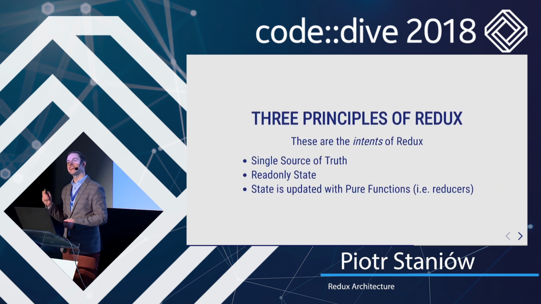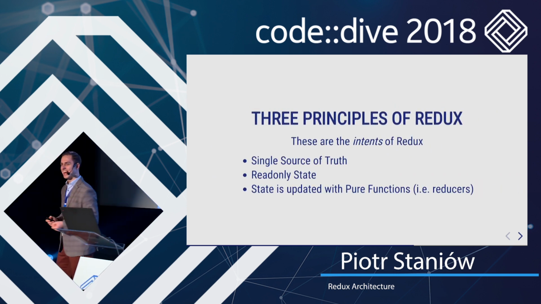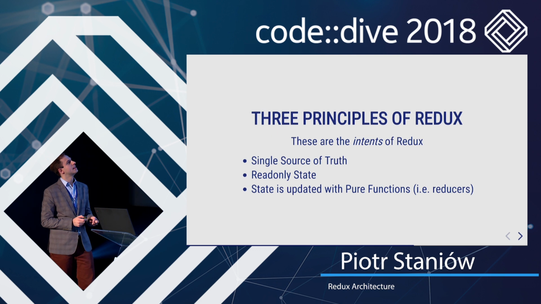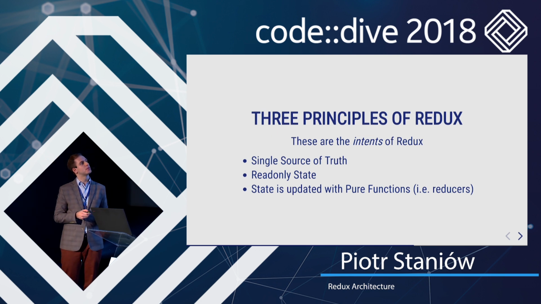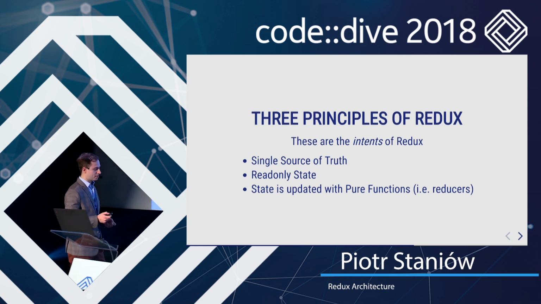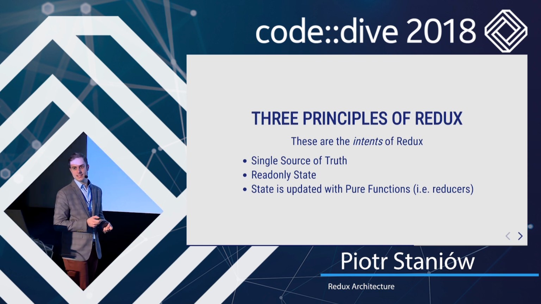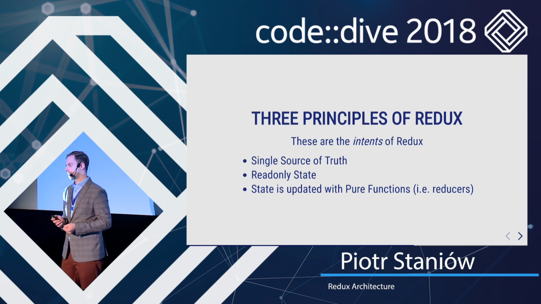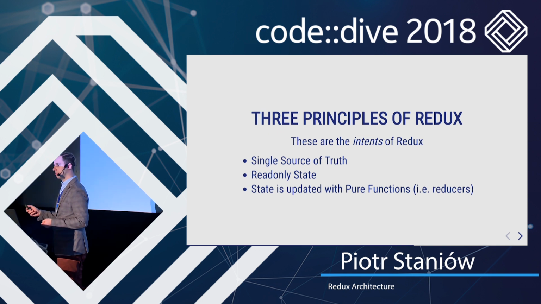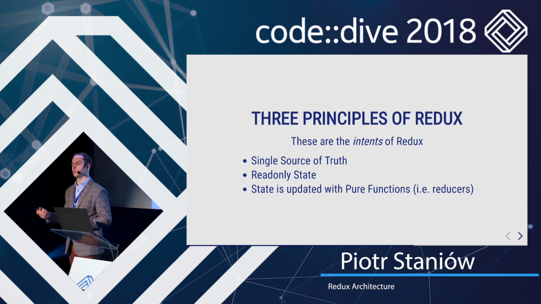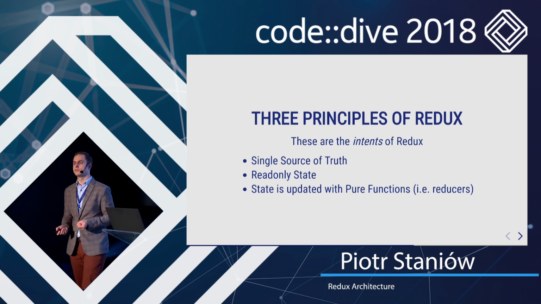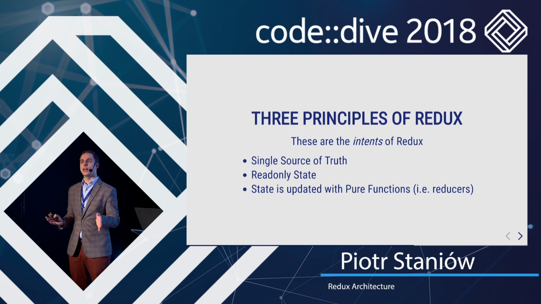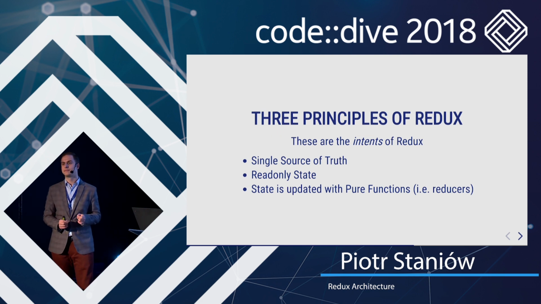So there is one thing to rule them all, and those are the three principles of Redux. And now I'm saying something contradictory, that these are the intents of Redux. Because you may feel that some of these principles don't belong to you, that you don't want to follow those. I'm saying that's okay, you won't have Redux, but you still may have some benefits from that.